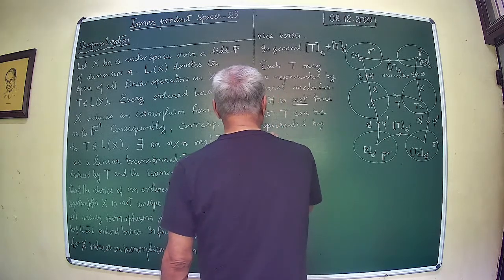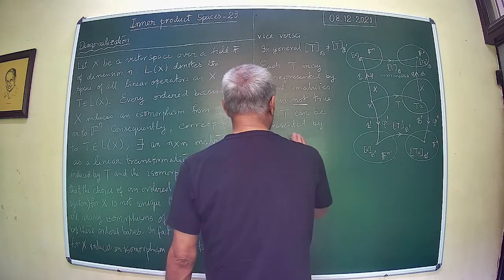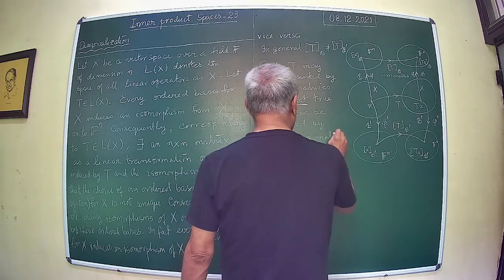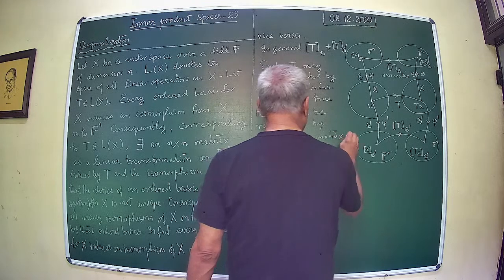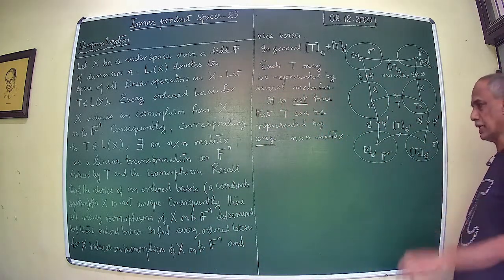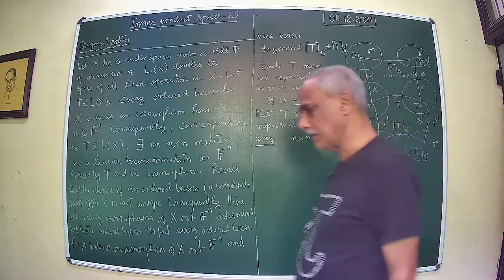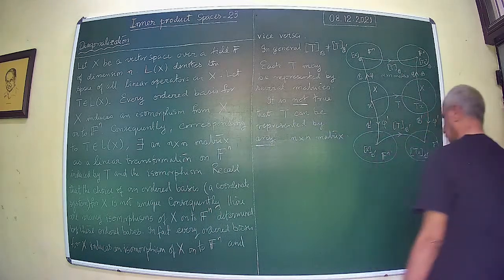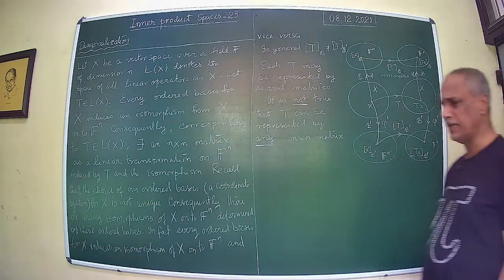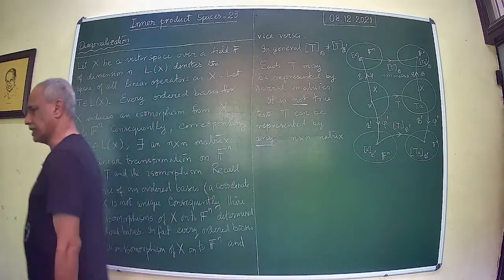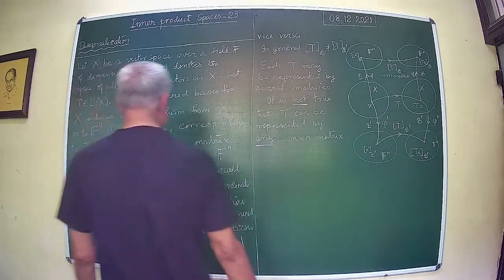There are some matrices which can represent a linear transformation, and there is automatically a relation between the different matrices that can represent the same linear transformation.